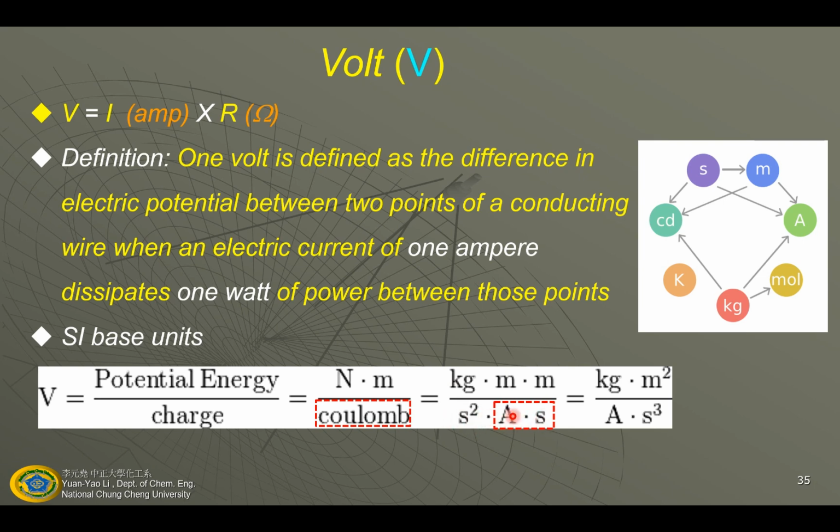This is the charge. So you know the definition of volt is potential energy divided by charge. So as a result, you can write the unit of the volt as kilogram times meter square divided by amp times cubic second. So this is the expression of the unit of the volt.